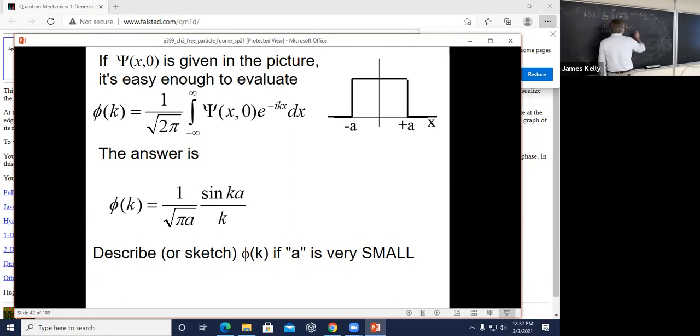And let's write it this way. I'll factor out the minus sign. So then I would have a plus i k minus k0 x. Is that right? I have an e to the minus i kx and e to the plus i k0 x.